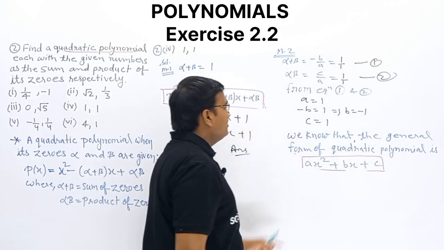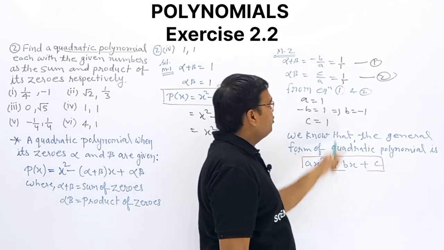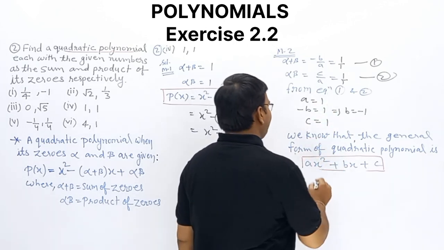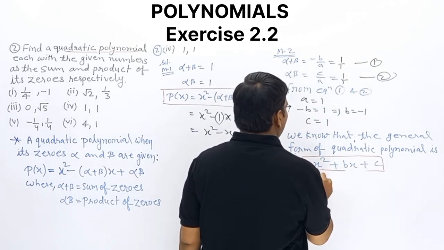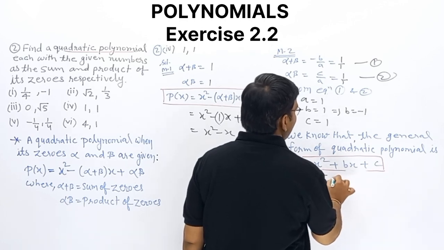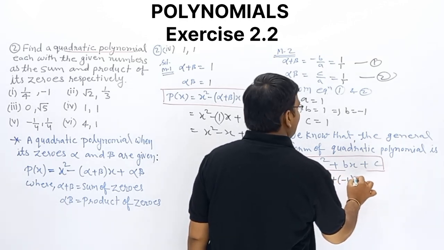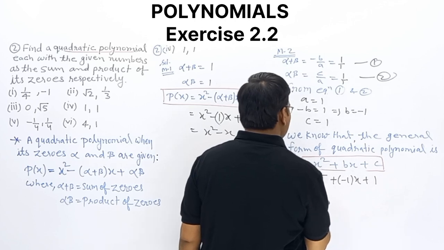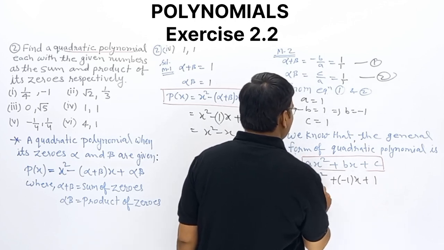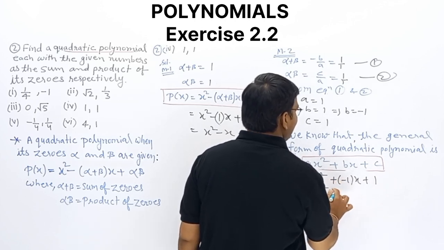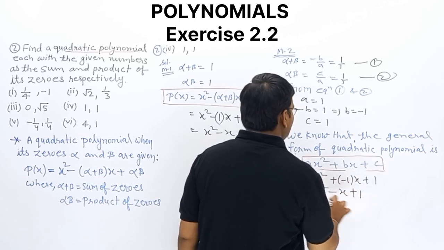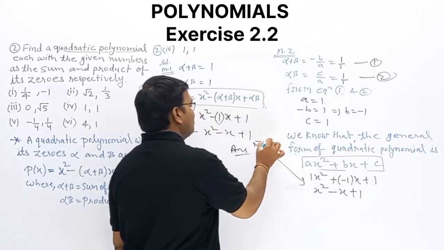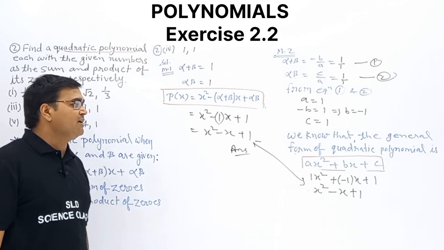So a, b, c we are having. We know the general form is this one. Put a, b, c in this. a is 1, so 1 into x square, plus b is minus 1 into x, plus c is 1. Solve this one. Then what we are getting? x square plus into minus, minus x plus 1. Same result we are getting. So by using both methods, we are getting the same one.